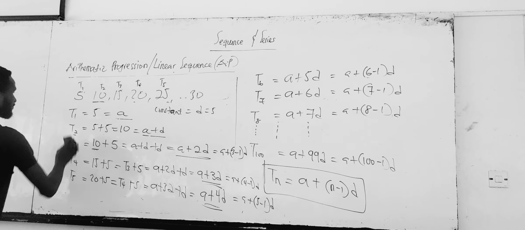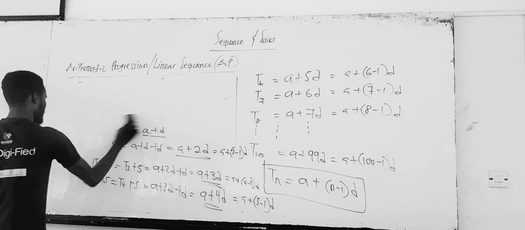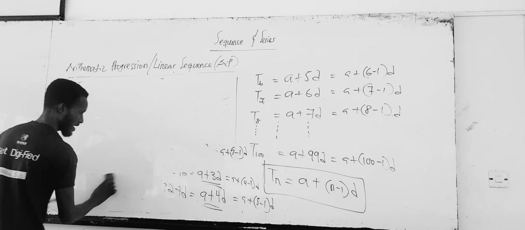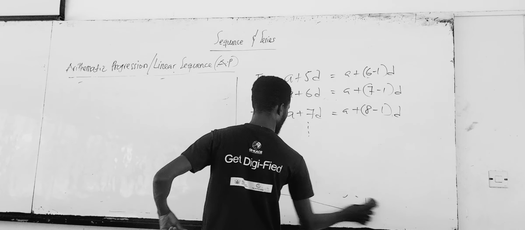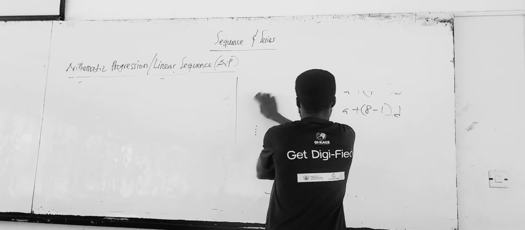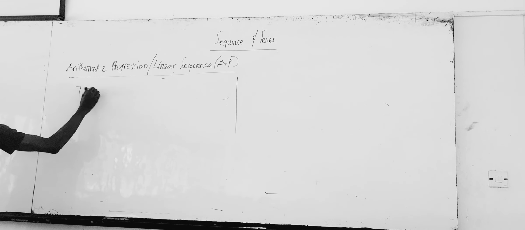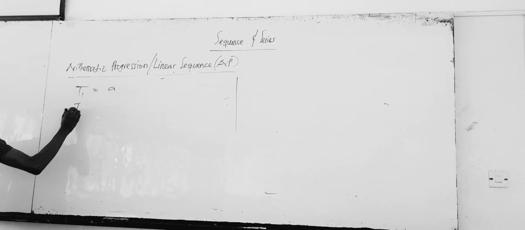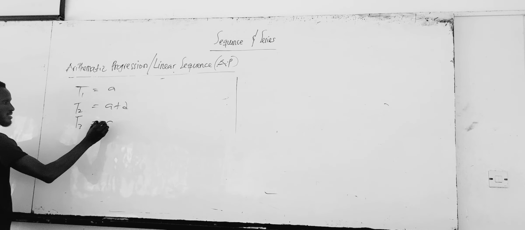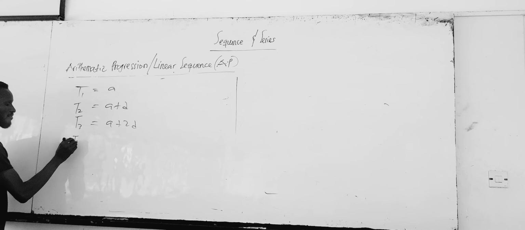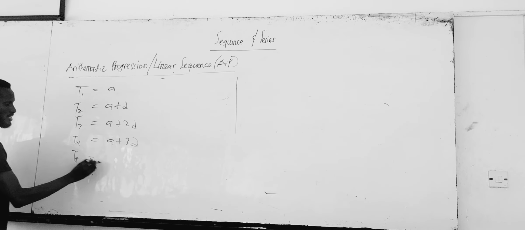So let's see. What I'm saying here is that the first term is equal to a, the second term is a plus d, the third term is a plus 2d, the fourth term is a plus what? 3d, the fifth term is a plus what?